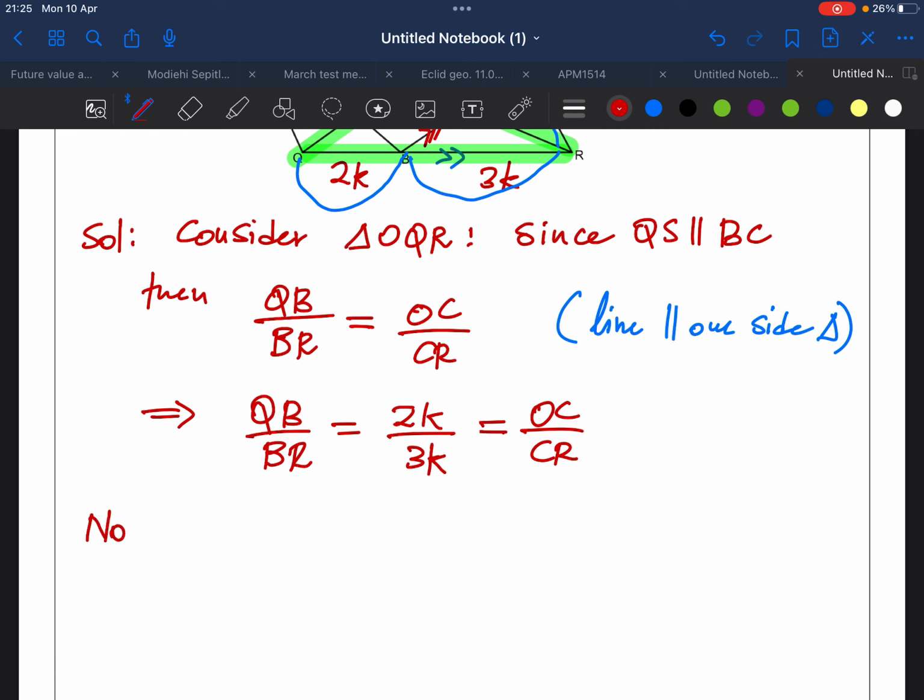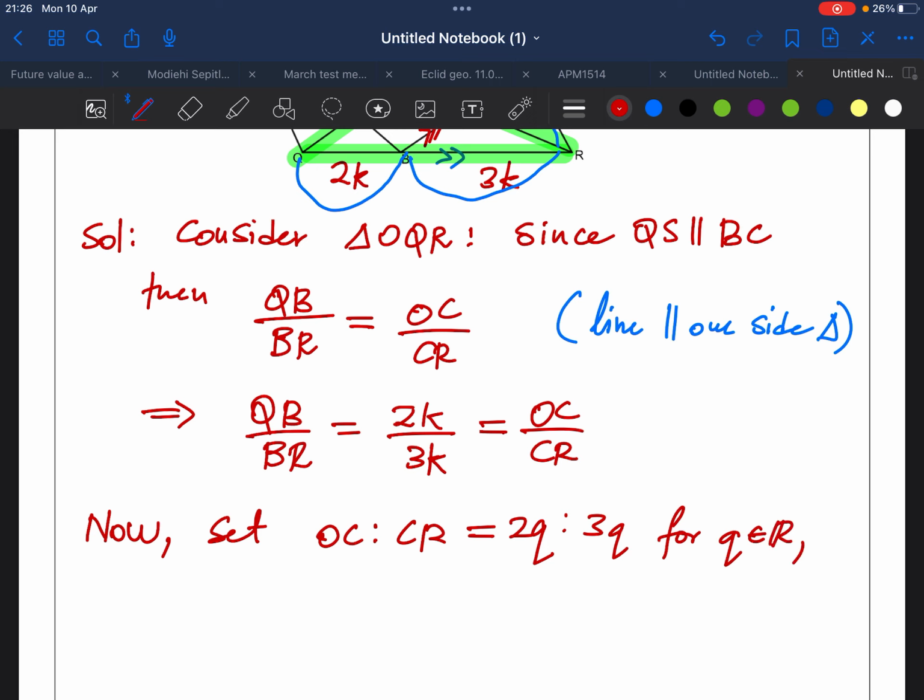Since QB and BR are in the same proportion with OC over CR, we can set OC to CR, meaning OC over CR, to be equivalent to 2Q is to 3Q, for Q an element of real numbers where Q is not negative.